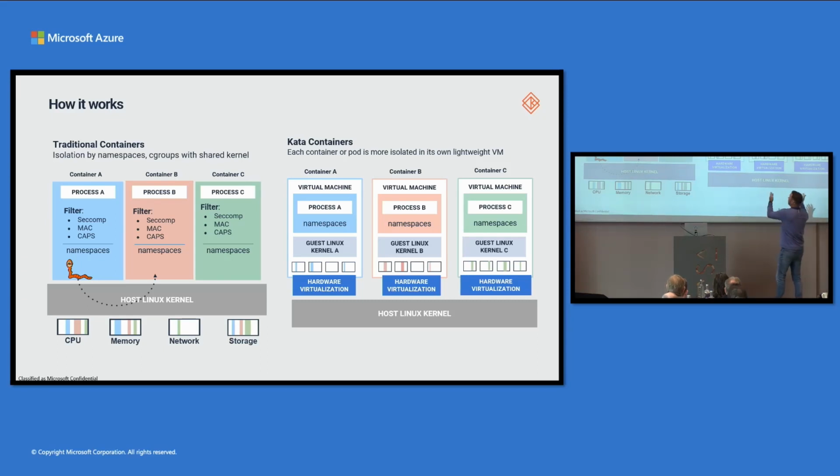Now with Kata, I can segment that workload out. Think trusted versus untrusted. On top of that shared kernel, we now build nested VMs, and think of taking applications and isolating them within the nested model.